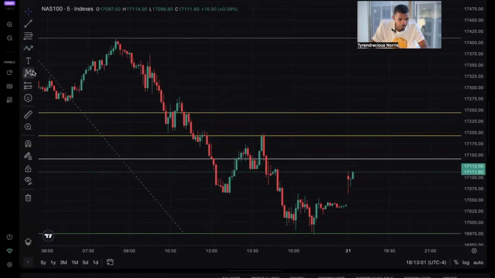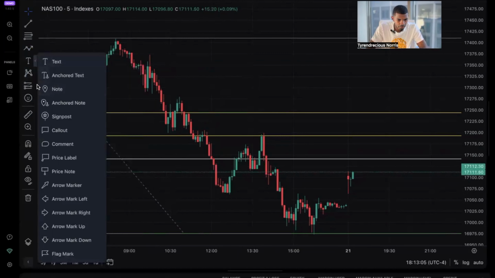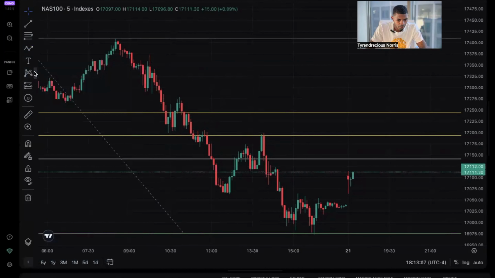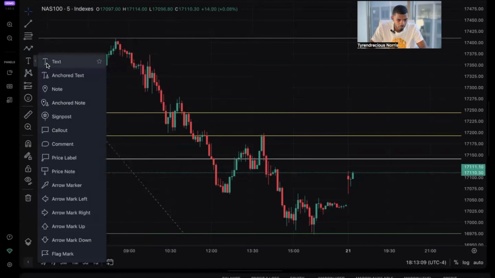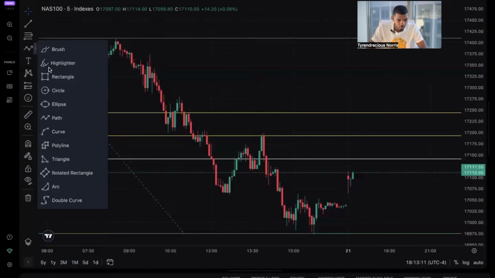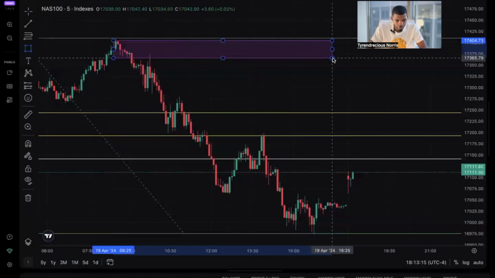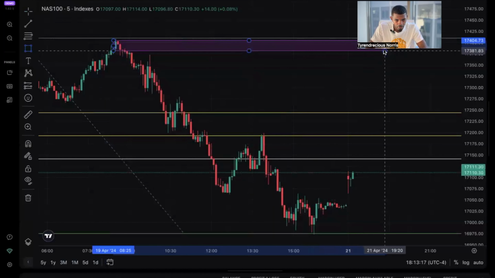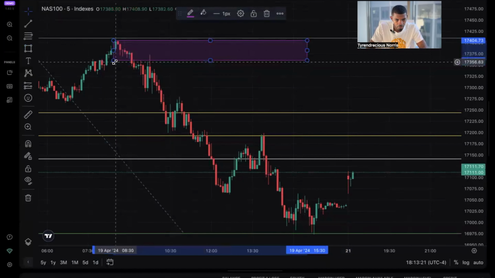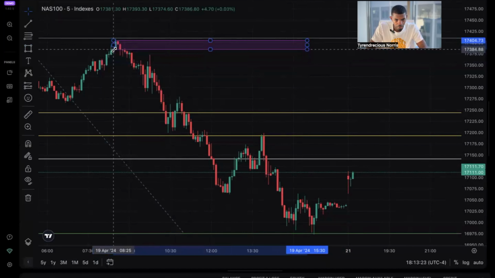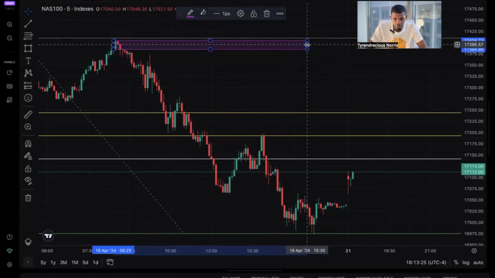Right off the bat, some areas that I see. I see this area right here. Price may pull back to this zone.